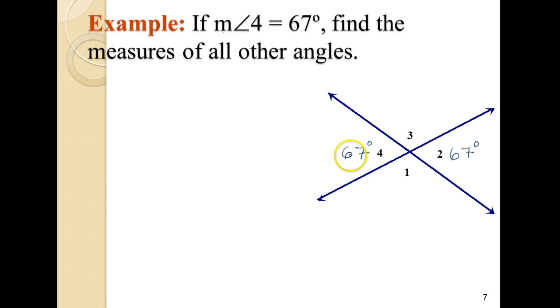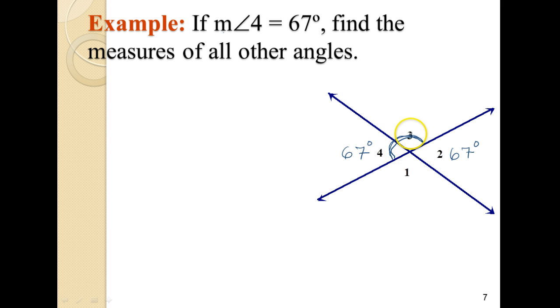Now angle 4 and angle 3, if you can see, they are adjacent, and adjacent angles are supplementary. So if they are supplementary because they are going to form a straight angle, that means they need to add up to 180 degrees.